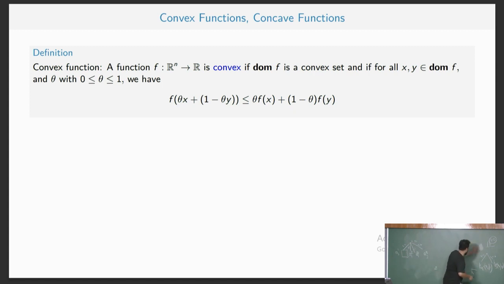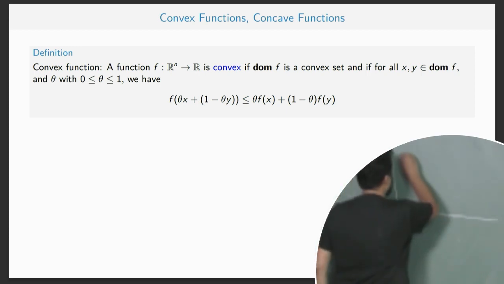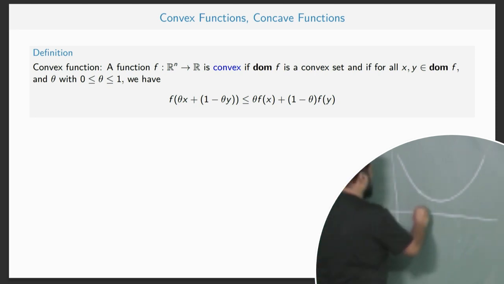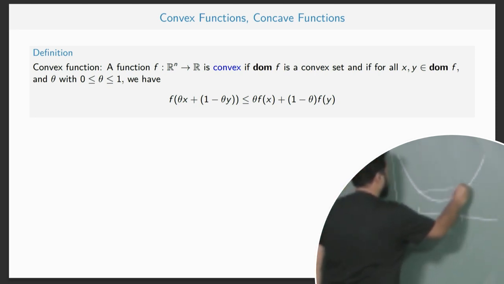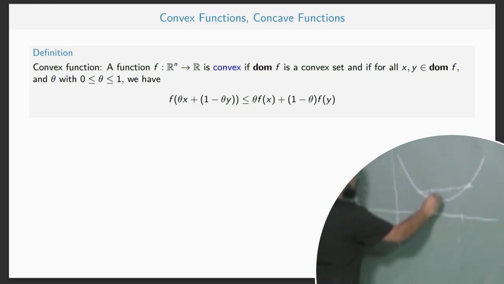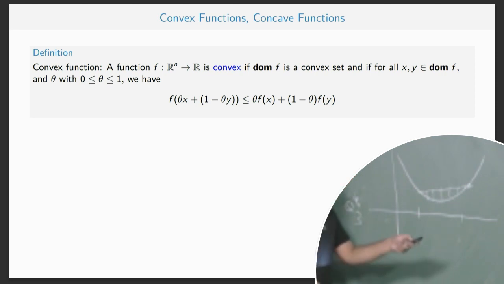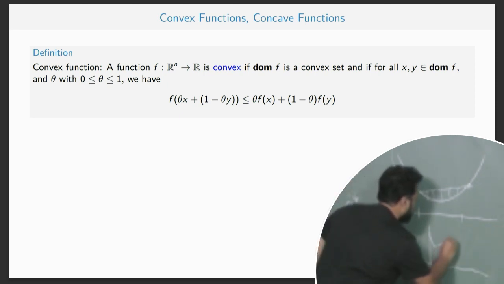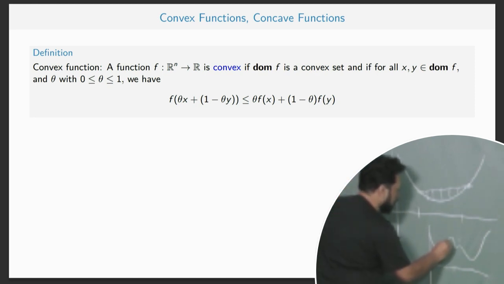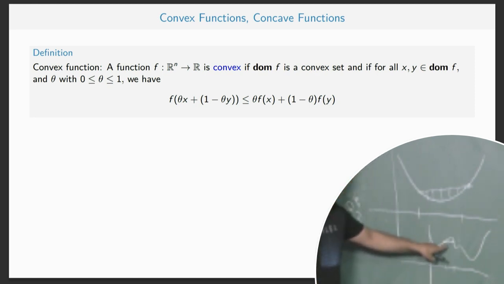Convex functions are again very simple. They are bowl shaped, always curving upward. For any arbitrary points x and y, the line joining them always has larger values than the corresponding function values. That's what this inequality roughly means. So from here we can say that this one is not convex, because if I take two arbitrary points, the line joining them is below the function curve.